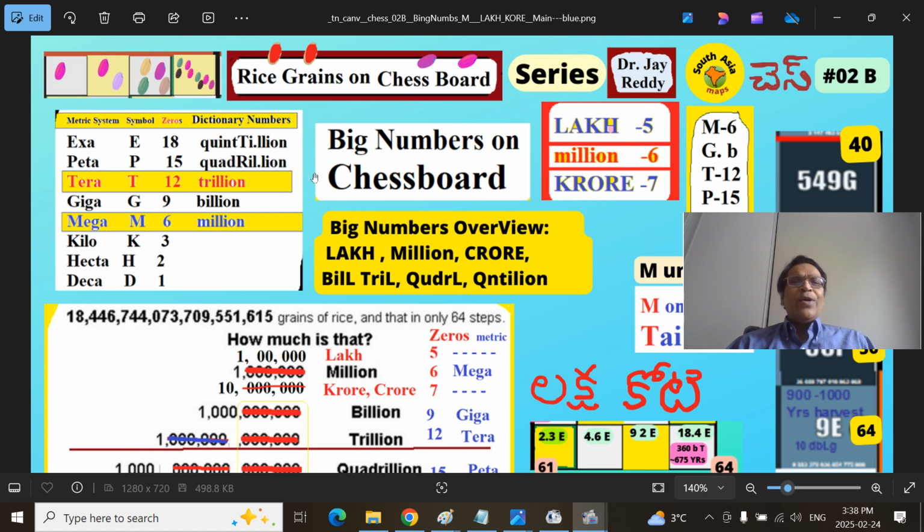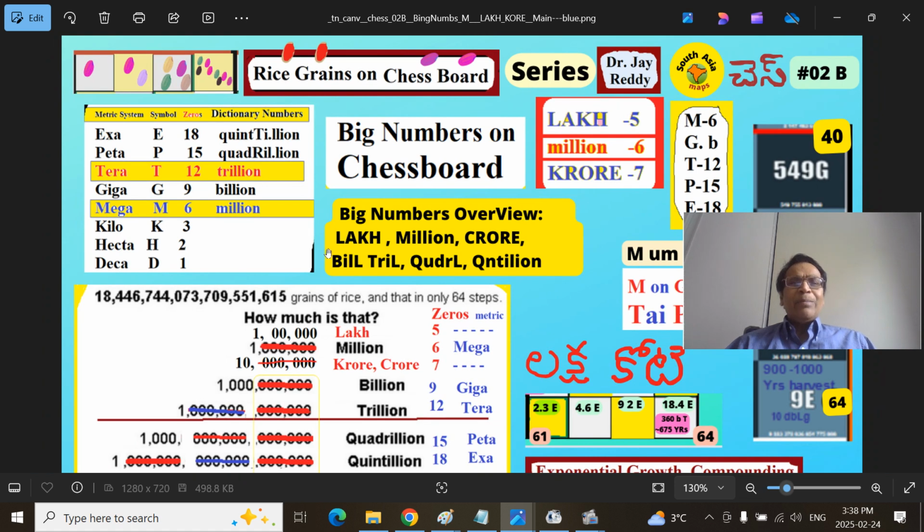So big numbers on the chessboard, including the South Asian system like lakh and crore, we are talking about today. Big numbers: you have a lakh, you have a million, you have a crore. Sometimes crore is also spelled like that. Then you have billion, trillion, quadrillion, quintillion.